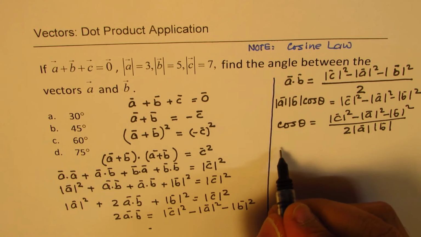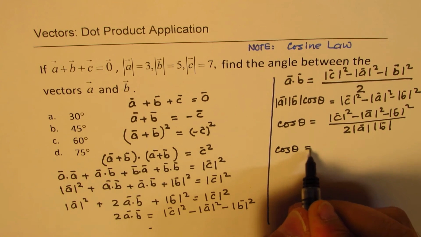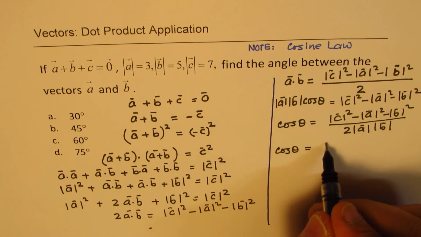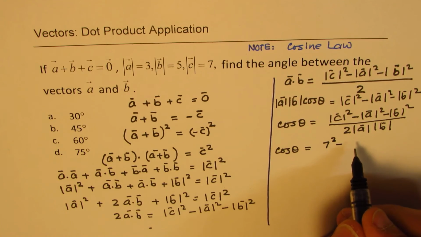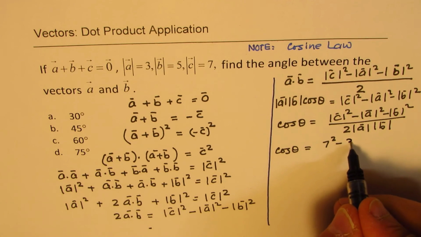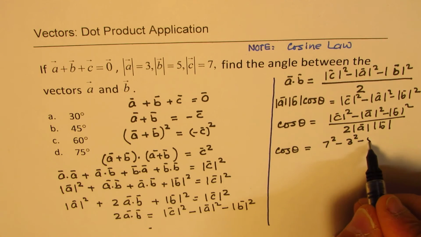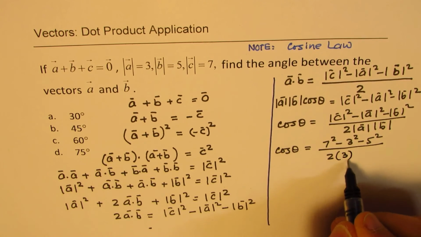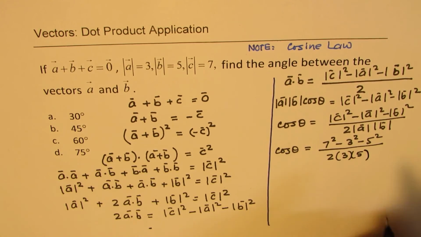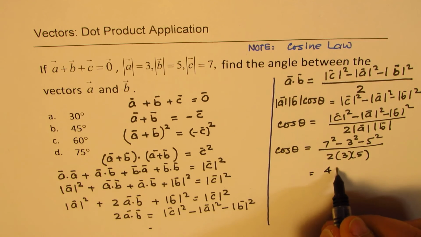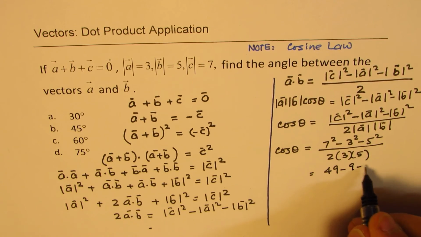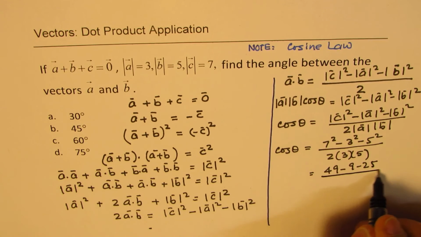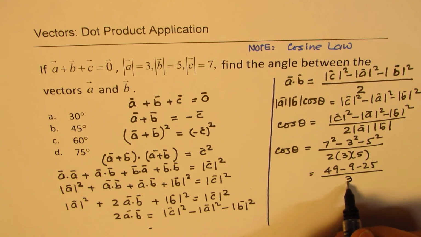Now let's substitute the values. So we have cos theta equals 7 square minus a is 3 square minus b is 5 square. In the denominator, we get 2 times 3 times 5. Correct? So that gives you 49 minus 9 minus 25 over 10 times 3 is 30.